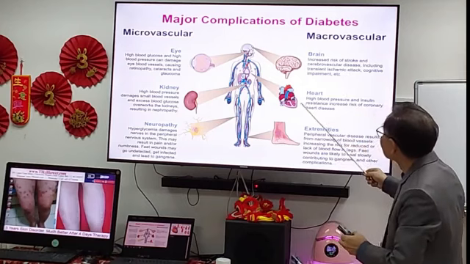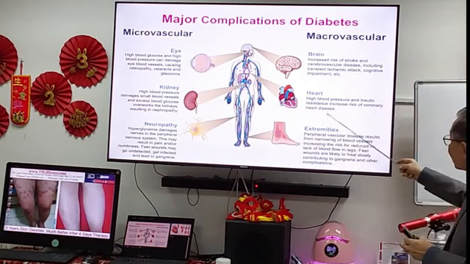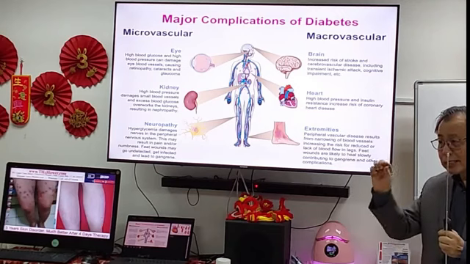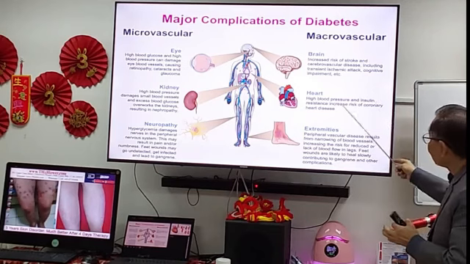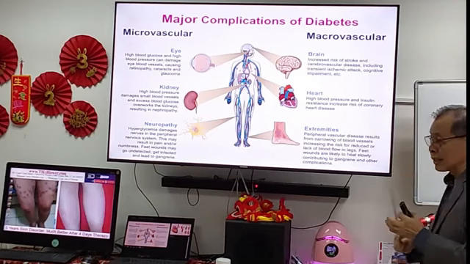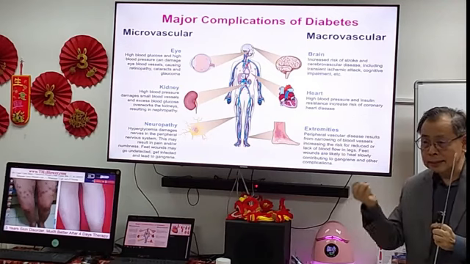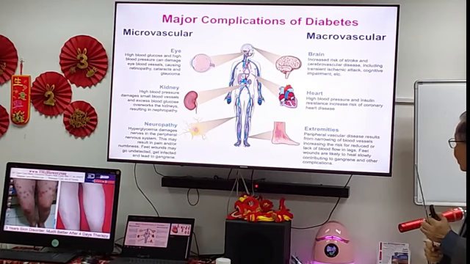So in the heart, the complication is high blood pressure. I explained already. The thing becomes stiff. Insulin resistance increases the risk of coronary heart disease, the silent heart attacks, as I mentioned to you.